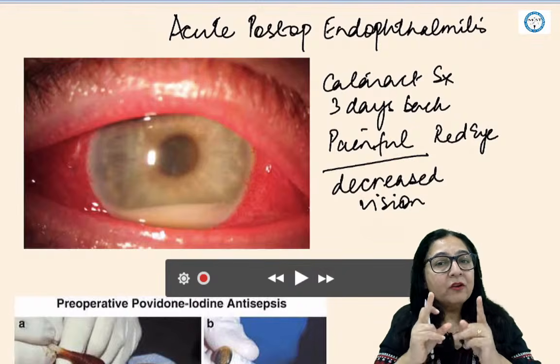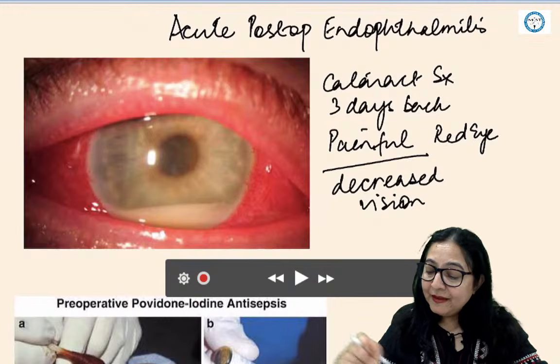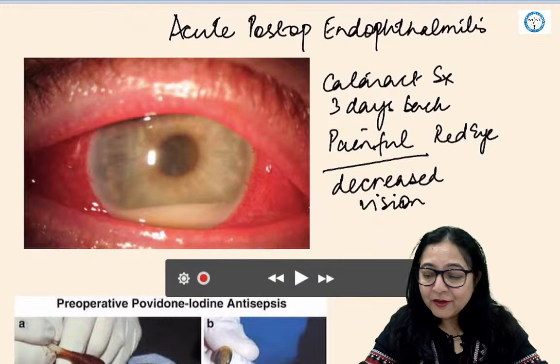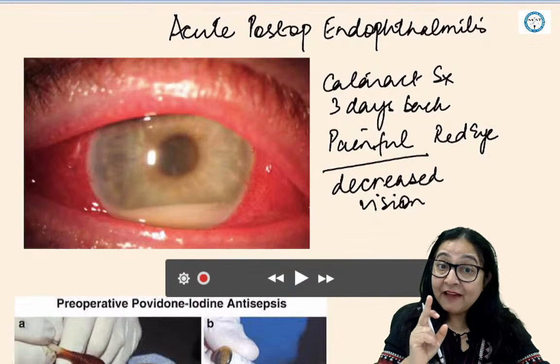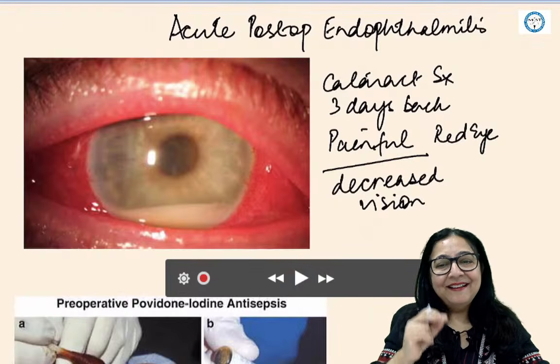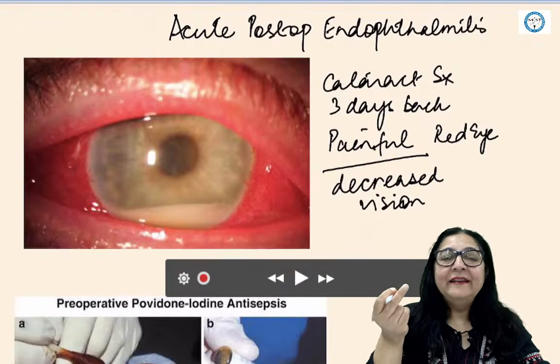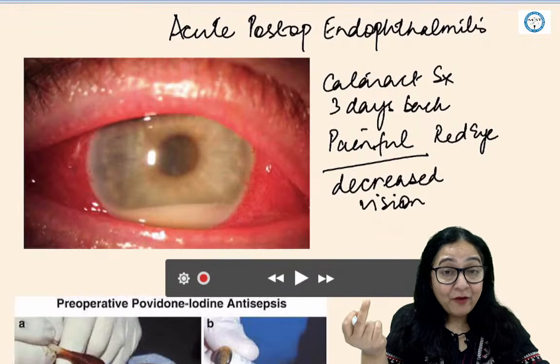The most common cause of acute post-op endophthalmitis is? Friends, can you tell me the most common cause? That is Staph epidermidis, which is a commensal of the lid skin and normal conjunctival flora.